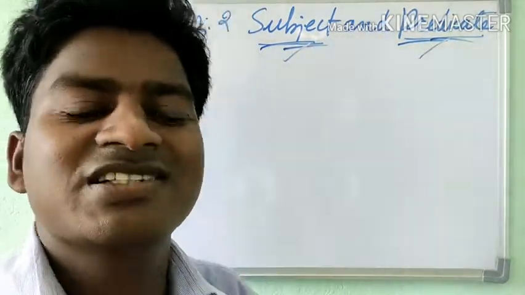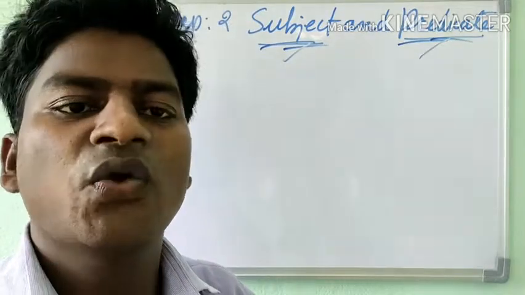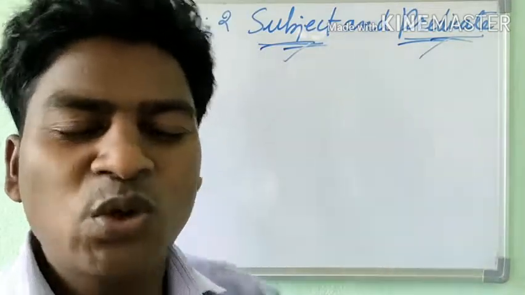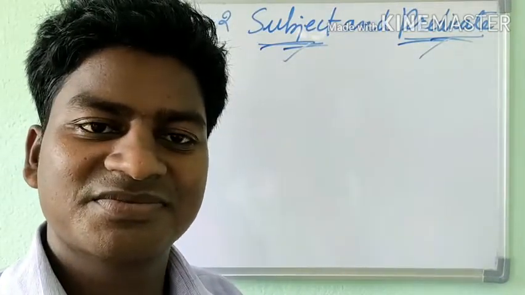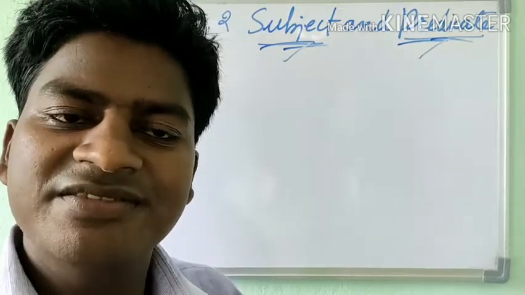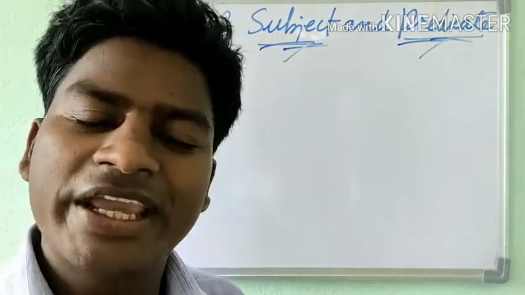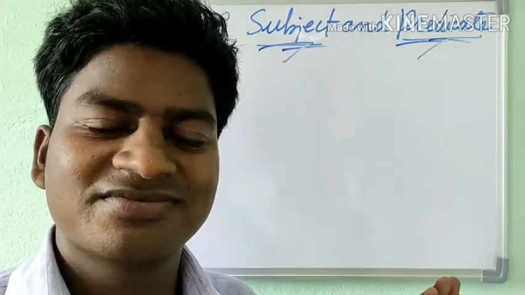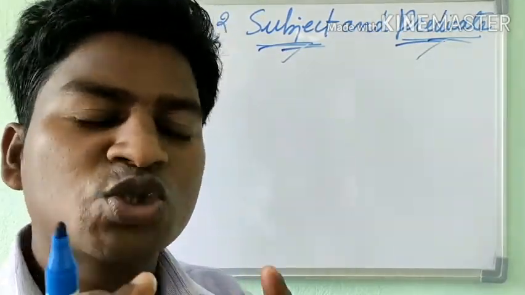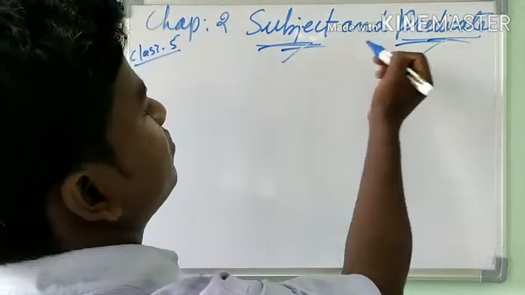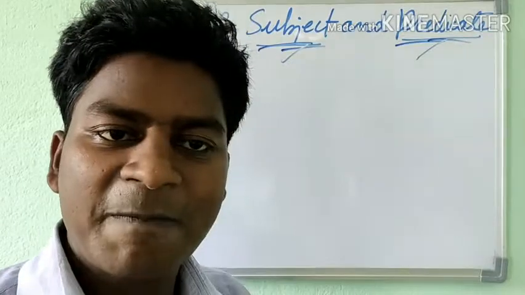So, all the sentences mostly we can just divide into two parts. Remember once again, every sentence we can divide into just two parts. How? Those two parts will have the names subject and predicate.